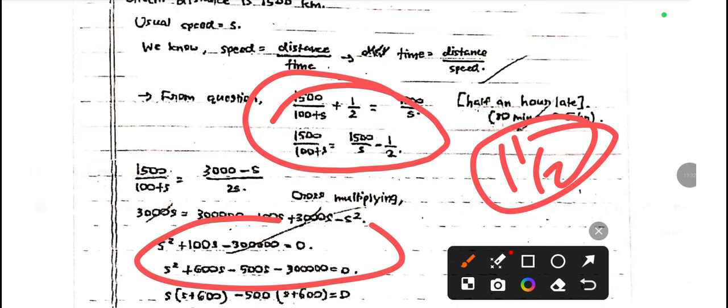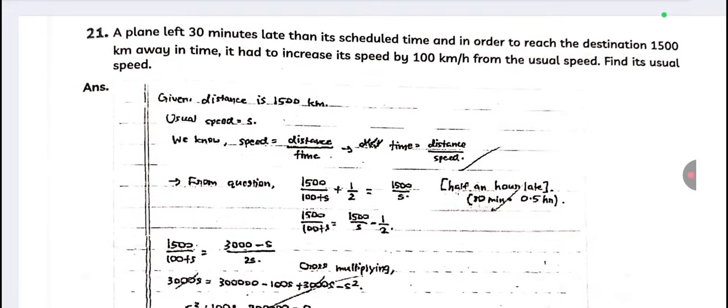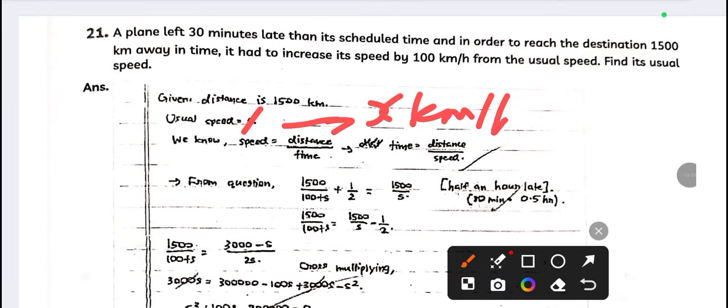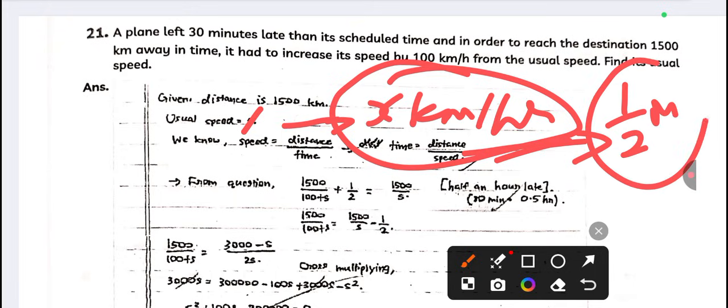And writing the proper quadratic equation, another 1 mark. Hope you already studied this sum, so I'm not explaining that much, but you just read time as distance by speed properly. Now you will get distance is 1500, speed 100 plus. We can usually take speed as x kilometer per hour. For those who didn't understand this, write the speed is x kilometer per hour or s kilometer per hour. For this itself they may give marks, sometimes half a mark.